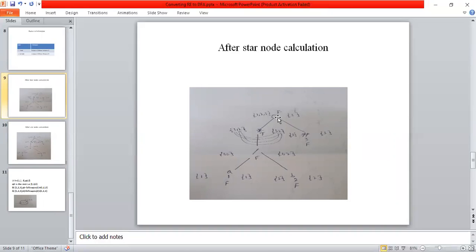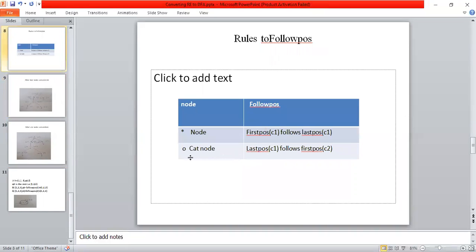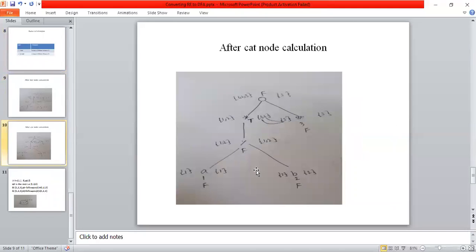Now how to construct follow position for the cat node? Once again we'll check our rule. For a cat node, last position of C1 follows first position of C2, because a cat node consists of a left child and a right child. Assume the left child is C1 and the right child is C2, meaning last position of C1 follows the first position of C2. That is for the cat node. So this is my cat node. This is the C1 node, this is the C2 node.